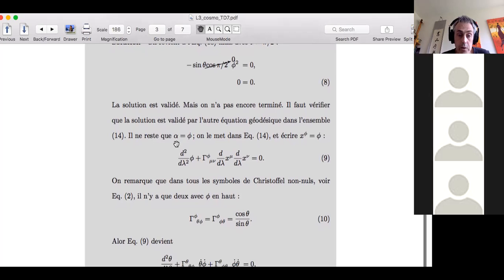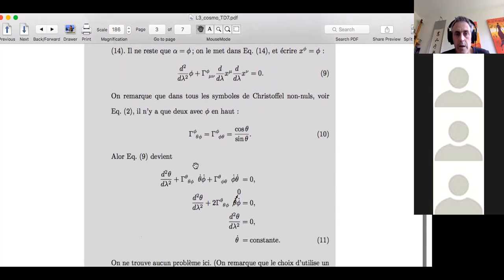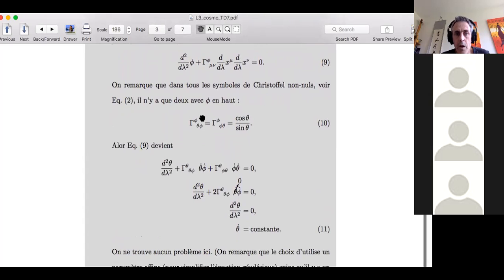Okay, but it's only two-dimensional, so there's only one other value. It's phi, and so you write that in the equation. Let's write x phi as just phi, so then we have this geodesic equation. The coordinate we're taking the second derivative of is phi. The phi appears upstairs here, and then we're summing over mu and nu.